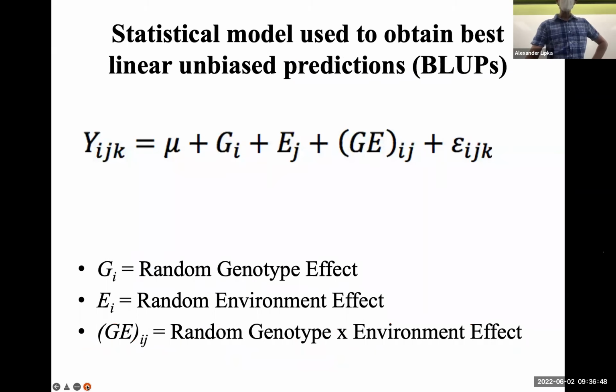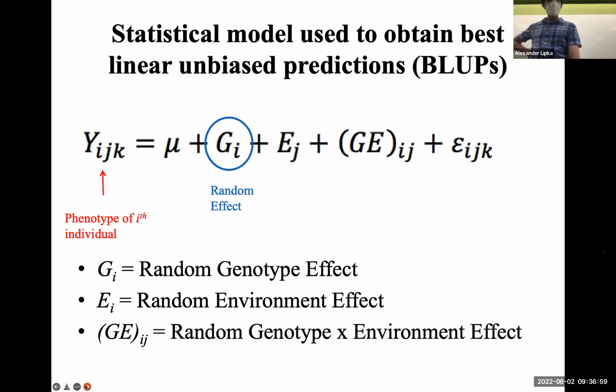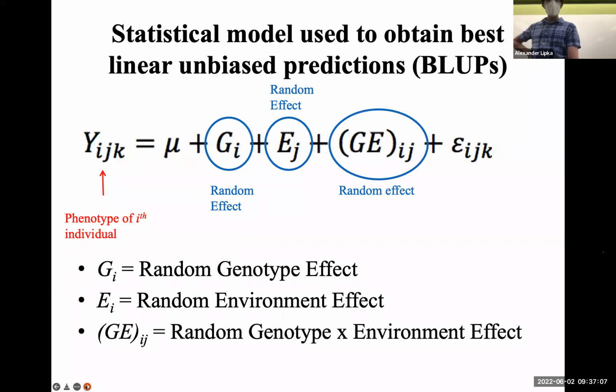All right, so here's the statistical model used to obtain BLUPs. And we've seen a lot of this already. We have the phenotype of our ith individual. Our genotype effect is a random effect, our environment effect is a random effect, our G by E term is a random effect, and then we have our grand mean and our error term.